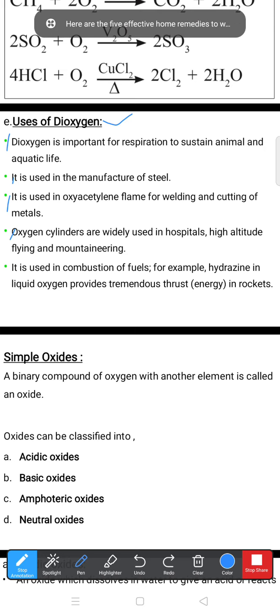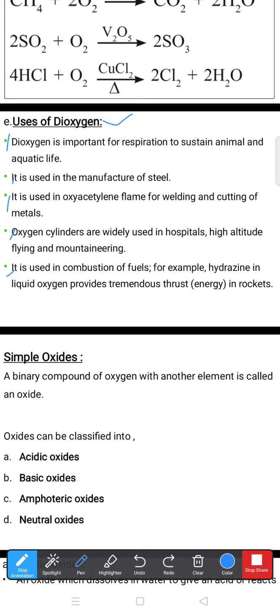Oxygen cylinders are widely used in hospitals, and for high altitude flying and mountaineering. It is used in combustion of fuels, for example hydrogen. Liquid oxygen provides tremendous thrust energy in rockets. So when a rocket is launched, such type of liquid fuel is used. It has better combustible power.